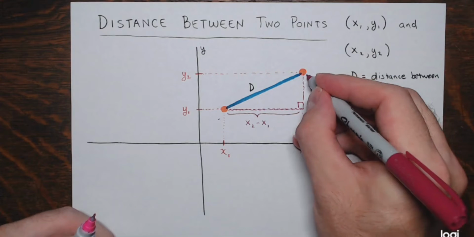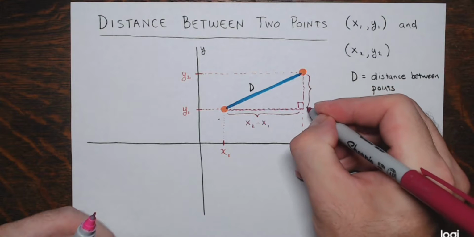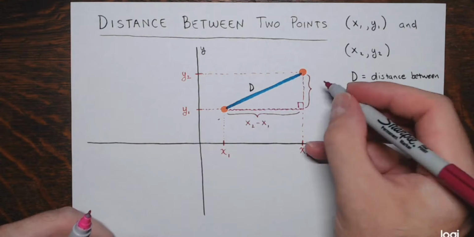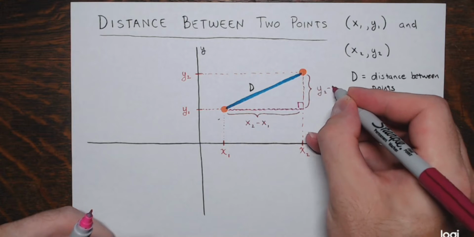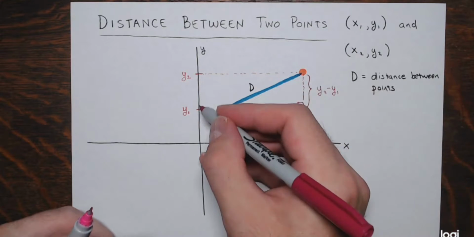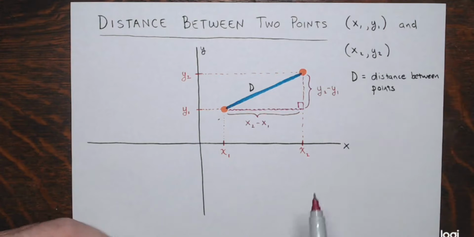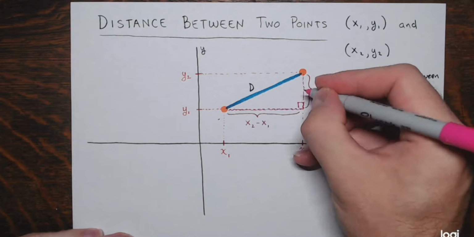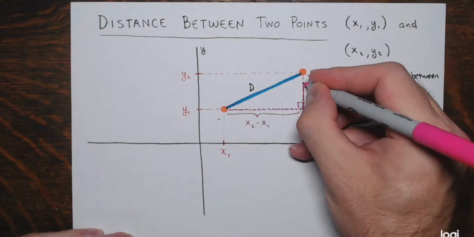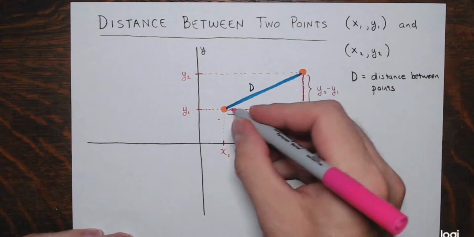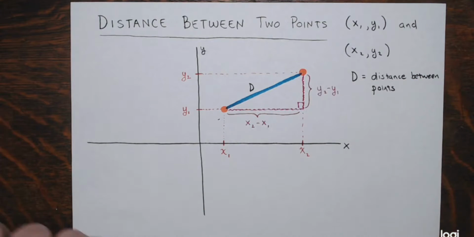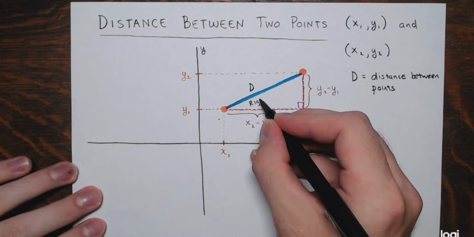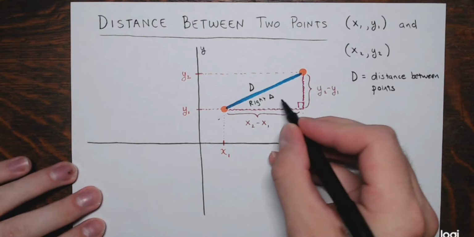And this distance here, the vertical leg, would be y2 minus y1. Again, I'm taking larger minus smaller, so we get a positive quantity for distance. And here's the other leg of this right triangle.